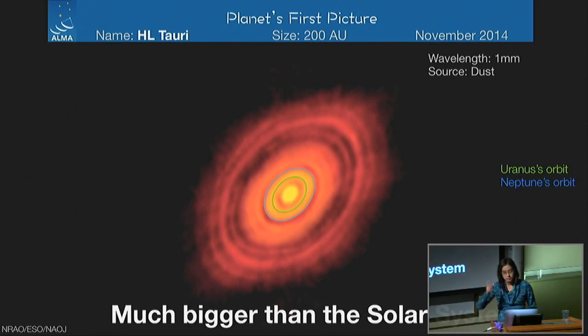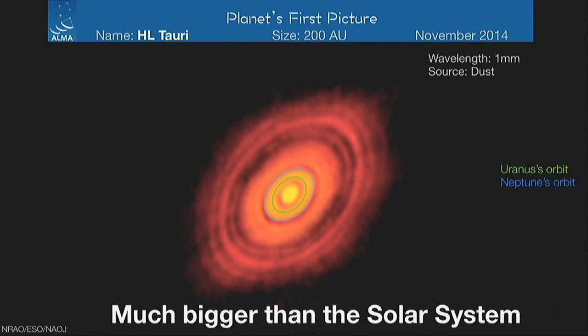So an astronomical unit, or an AU, is the distance between the Earth and the Sun. If we take the distance of Neptune from the Sun, about 30 AU, that just fits within that blue circle right there. The green is Uranus. Everything else in our solar system would fit within that dark ring. So everything else is within here. We're somewhere in there.